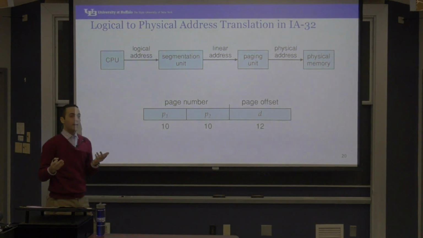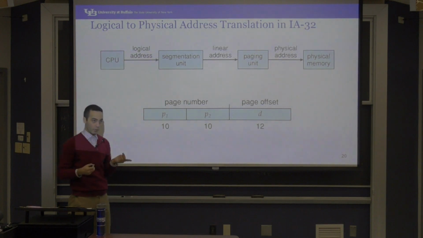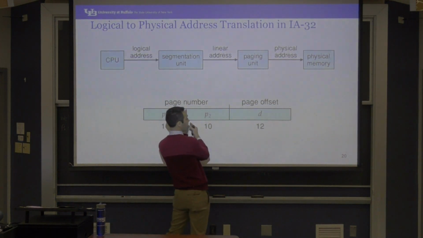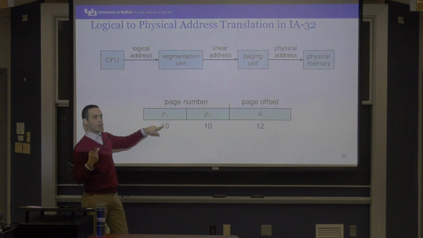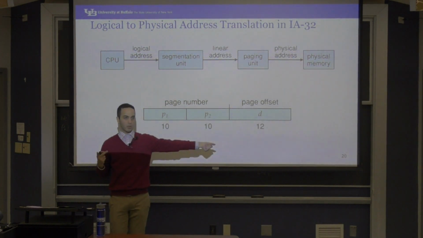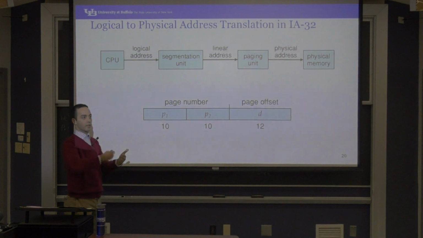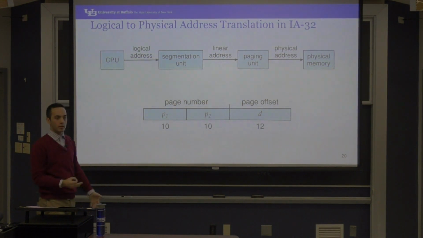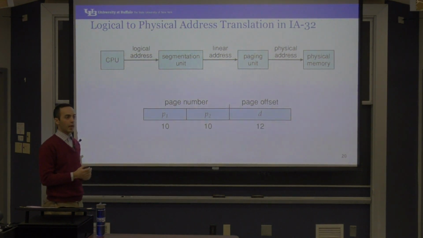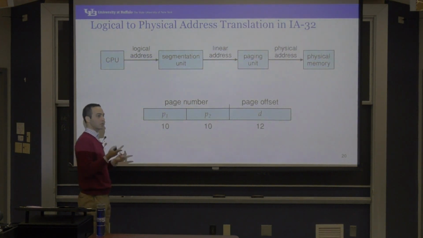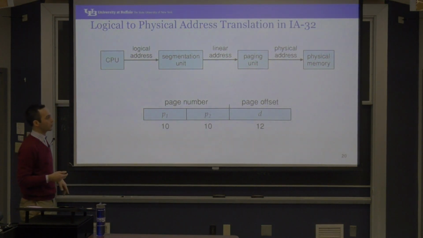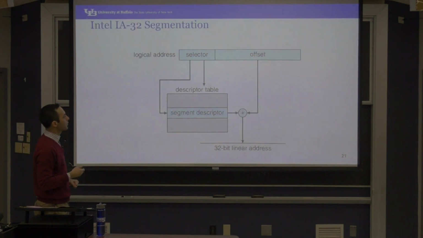Or they also provided the option that you can have 4 megabyte pages, which is all the way from here to there. Then you don't have two accesses anymore. You access only one page table and directly get your frame number. So that's why it's either this or that. In concept, you can basically have any size in between, but it just doesn't make sense. They implemented two of the options, and in hardware it's implemented simpler, right?